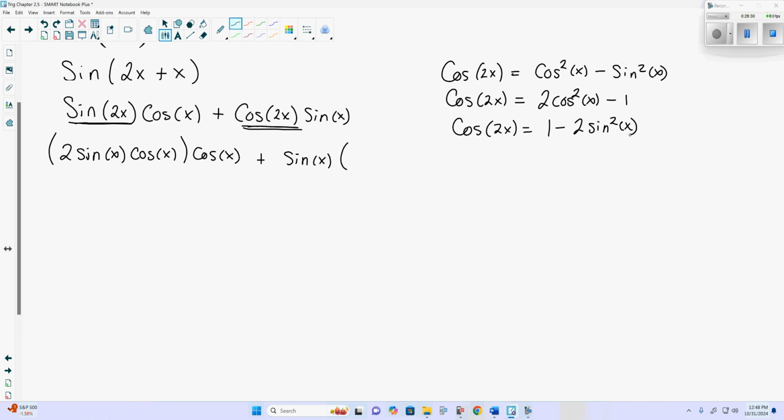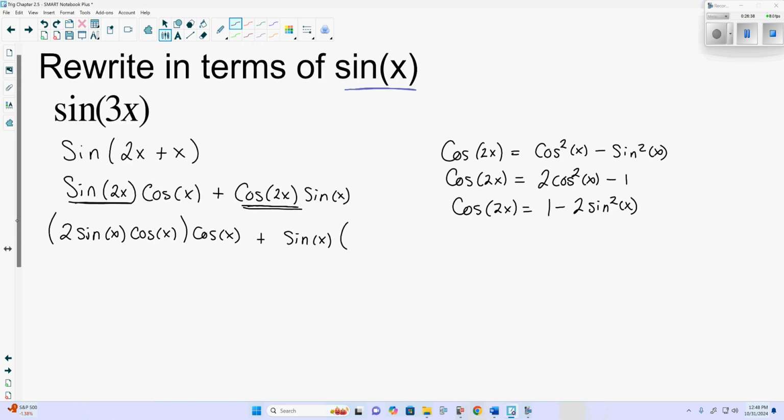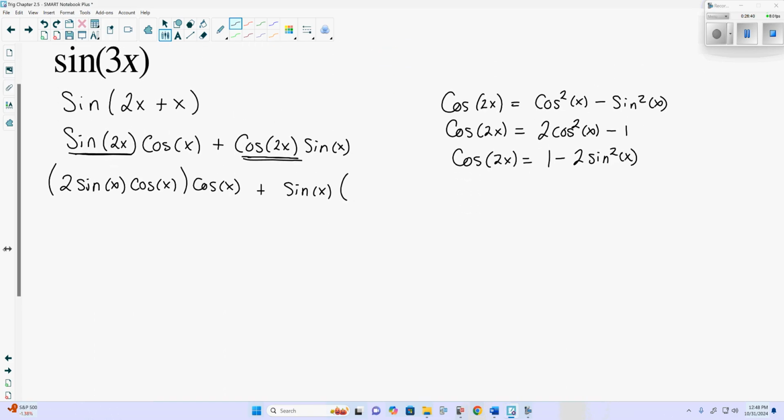We have three different options we can choose from. Now, this problem asks us to get this all in terms of sine, yes? Well, we're not going to be using the middle one because that gets it all in terms of cosine, not in terms of sine. We're a little farther away from where we want.